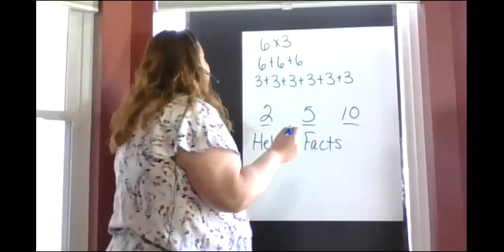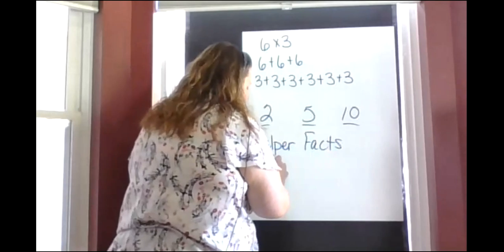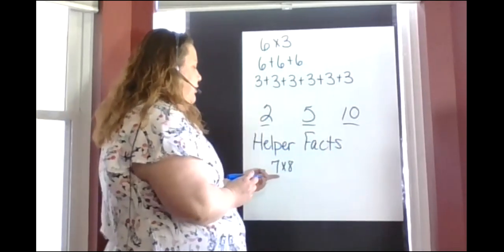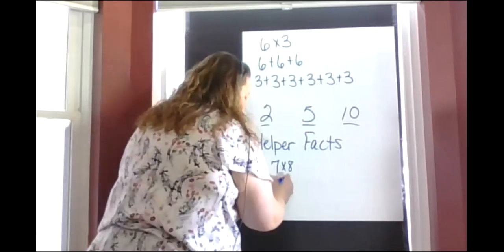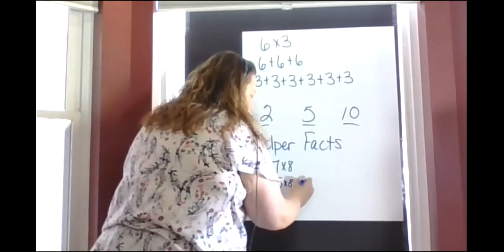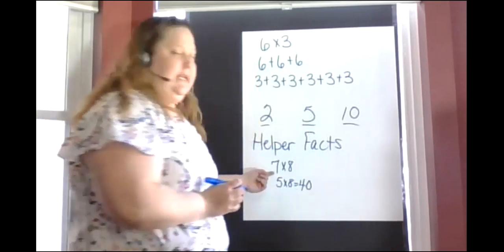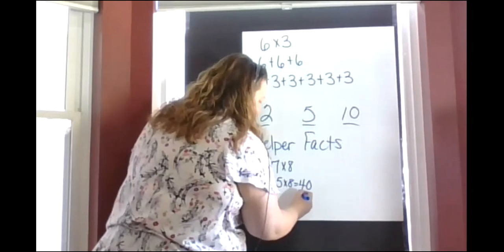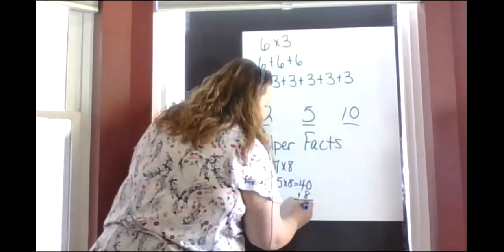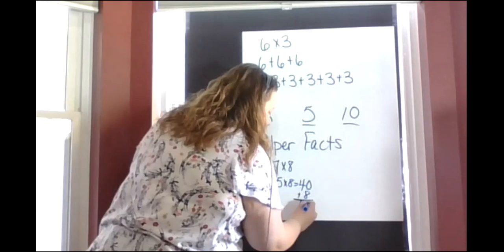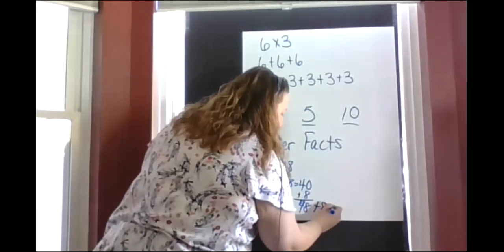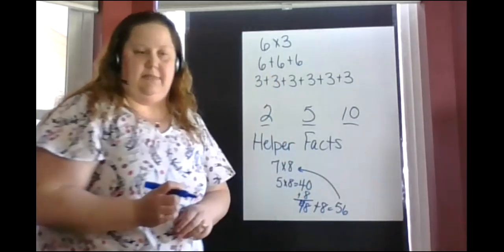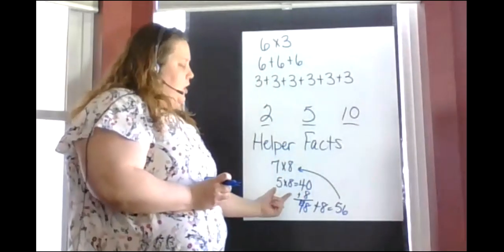So if I have 7 times 8, I might actually say, well, I know that 5 times 8 is 40, and I need 2 more groups of 8. So then they would add on another 8. 48, and then add on another 8 to get 56, and then we know that that's what 7 times 8 is. So they use what they know to then build up.